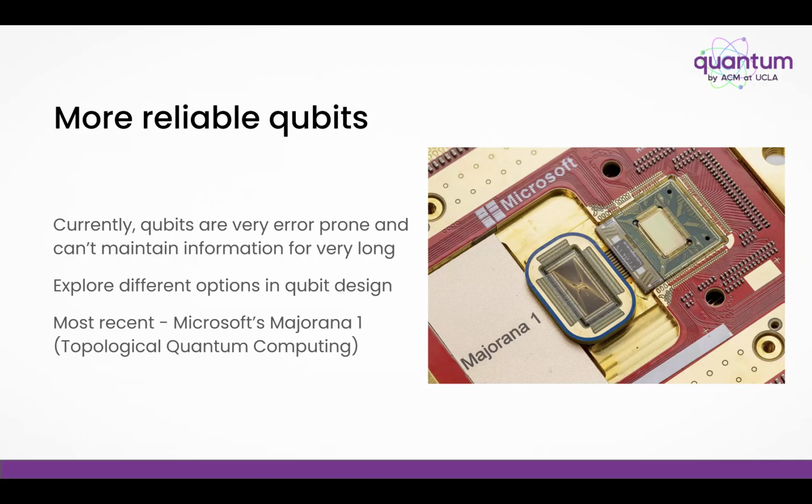I don't want to dive too deep into the physics of how this really works, but basically we encode the qubits in special particles that Microsoft developed called Majorana modes. And this information is protected from a lot of the noise that we would get from other types of quantum computing. And if this approach is successful, it could lead to really reliable and less error-prone qubits, which is really good and a huge breakthrough.